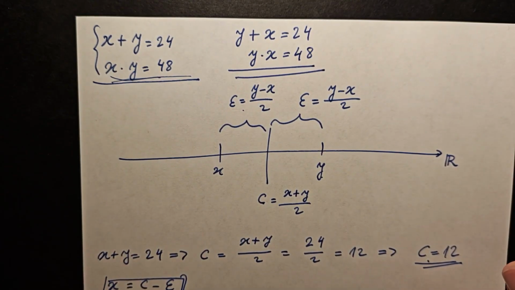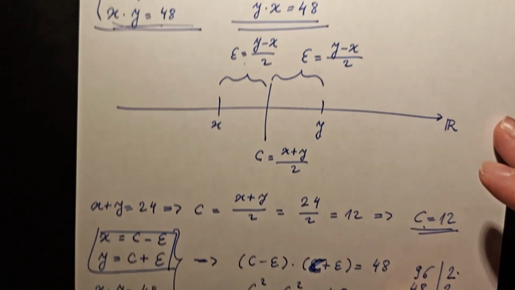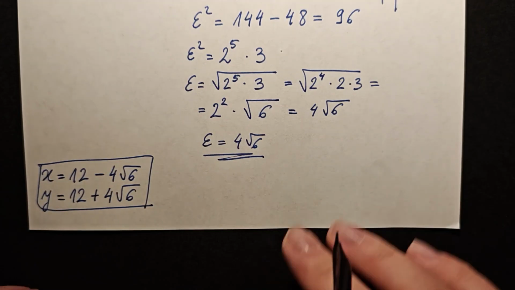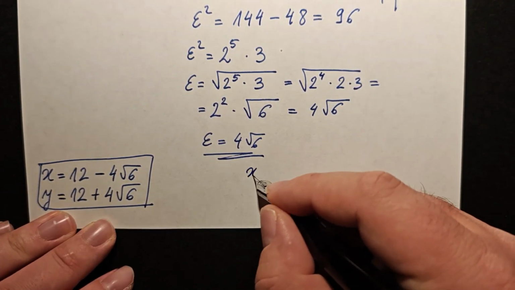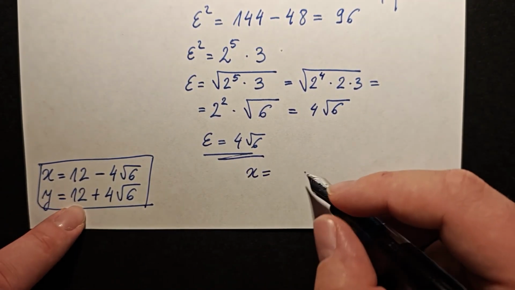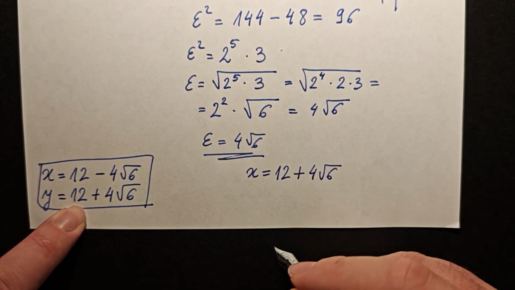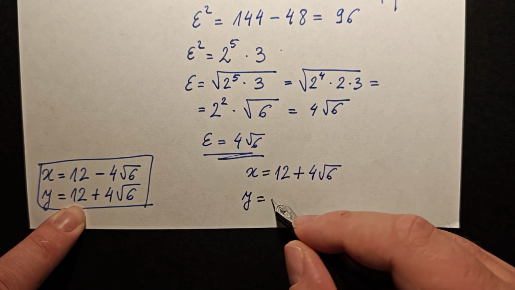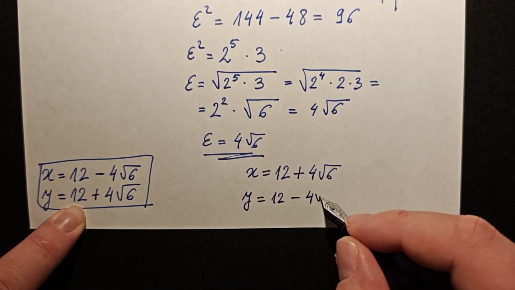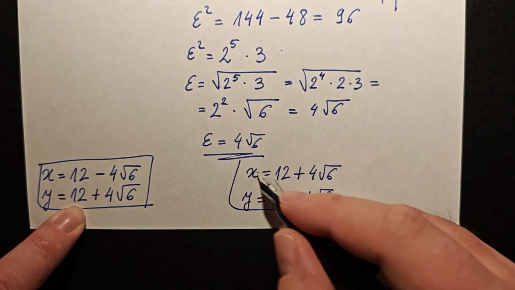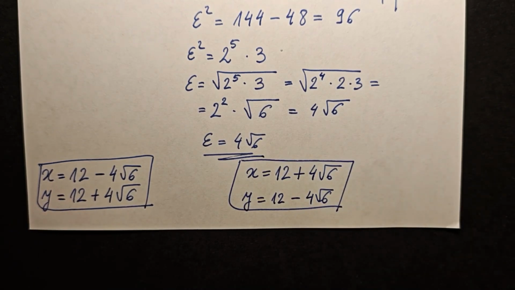That means that the solutions also have symmetry to them, and that is going to give us a second pair of solutions. x is going to be now the value of y previously, 12 plus 4 square roots of 6, and y is going to be 12 minus 4 square roots of 6. And this is the second solution of our problem.